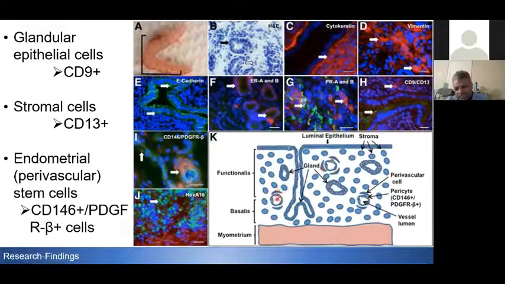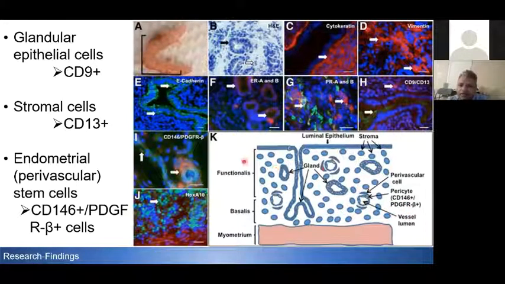This is a sketch of how the endometrium layer looks, which I was explaining in the previous figure. So this is the myometrium, which is the middle layer of the uterus, and then the inside layer is divided into the basalis, where the bases of the endometrial glands are, and the perivascular cells, these CD146 and PDGFR beta co-expressing cells around the vessel lumens.